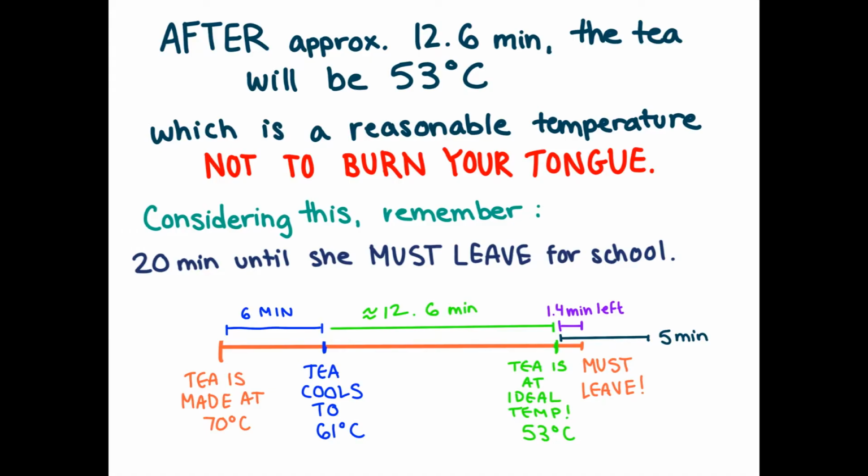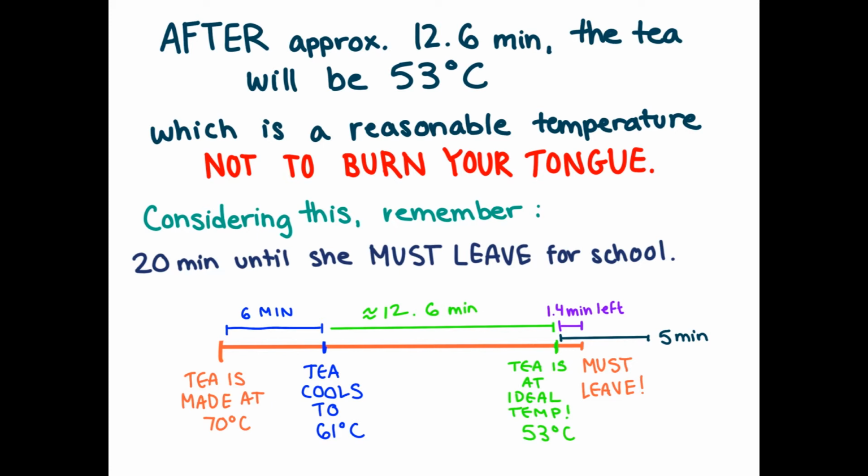Now that we've found the first answer to our question, which is 12.6 minutes, that's how long it took for the tea to cool from 61 degrees to 53 degrees, now we have to determine whether or not she has enough time to finish drinking the tea before she has to leave for school.